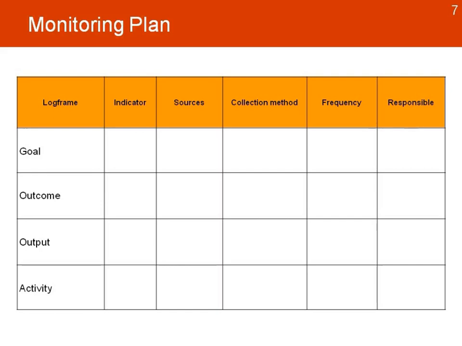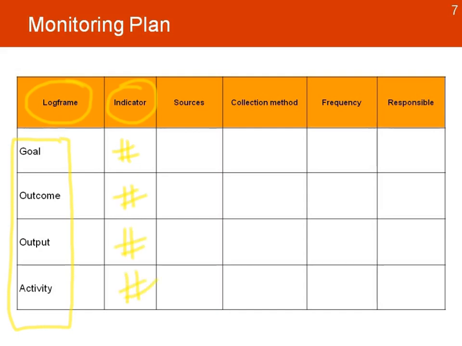So our simple monitoring plan will include the first element, which is part of the log frame design. Here's the structure of the logical framework. Here's our theory of change, where we design in order to achieve the goals. We have a set of outcomes, outputs, and activities. Then we have our list of indicators for each one of those levels.